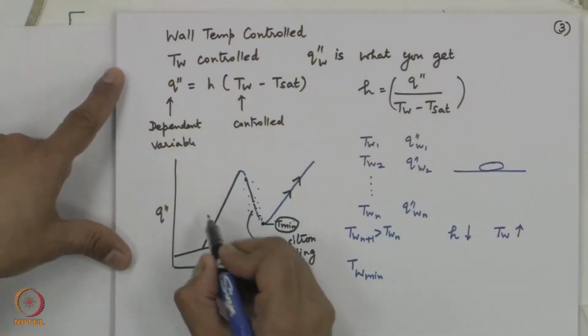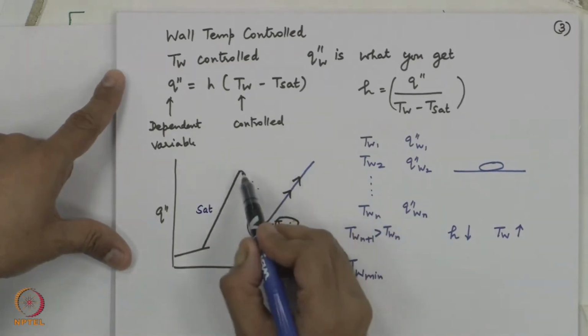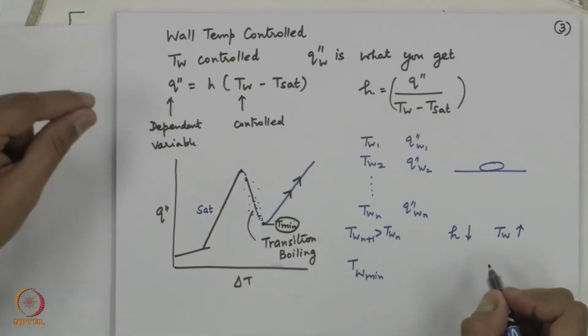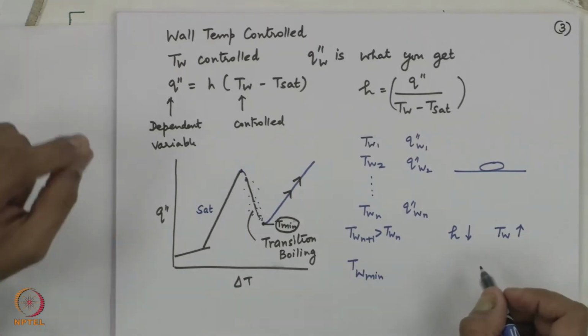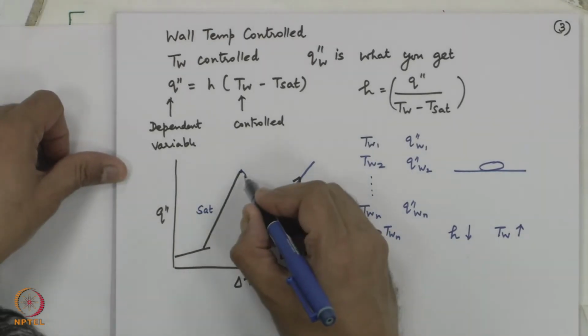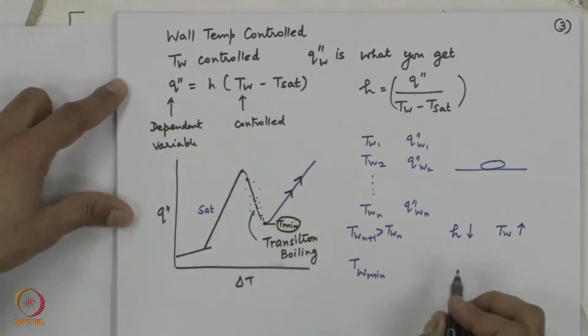So, I have just taken the slide from the previous module. We had stopped somewhere here and we said that this was the saturated nucleate boiling region. I progressively increase the wall temperature. I will reach a situation where the wall temperature becomes a little bit more than what it can sustain for good nucleation, and after that you would see alternate random contact of the liquid with the heated surface.